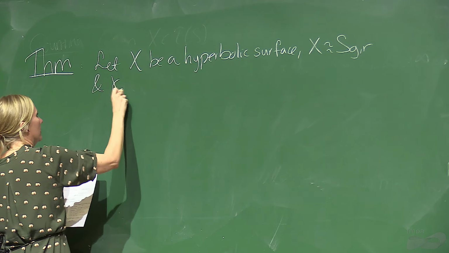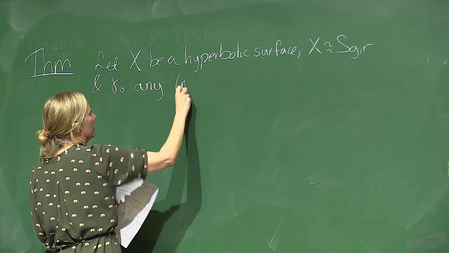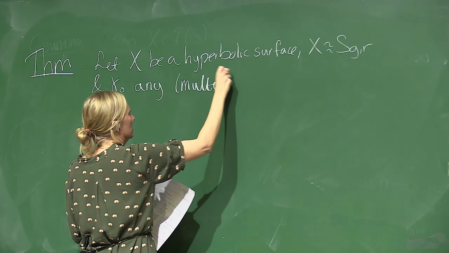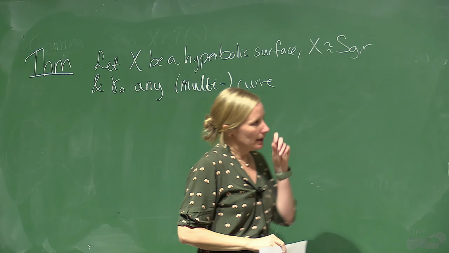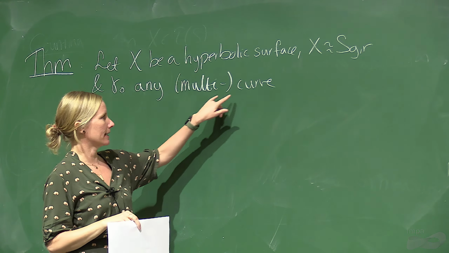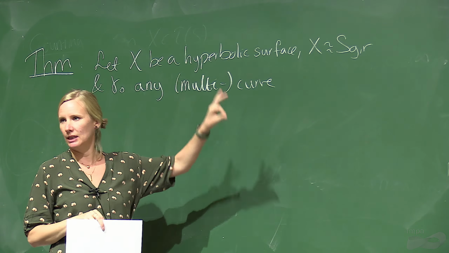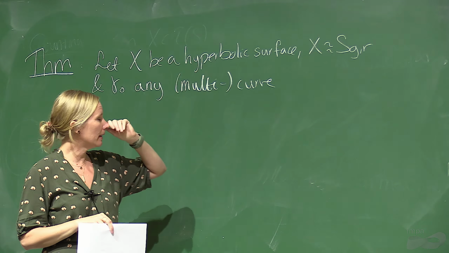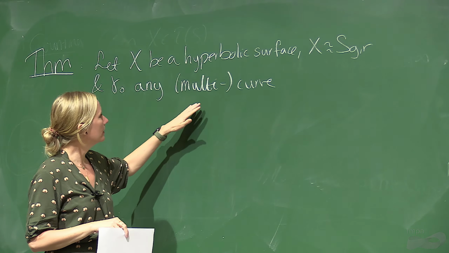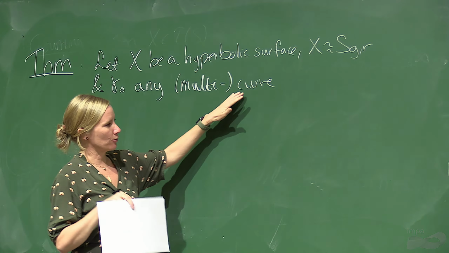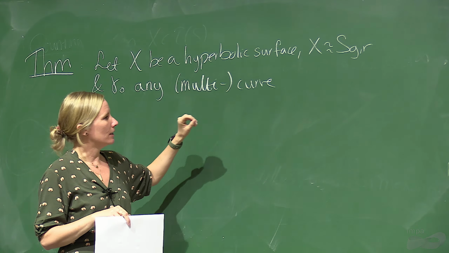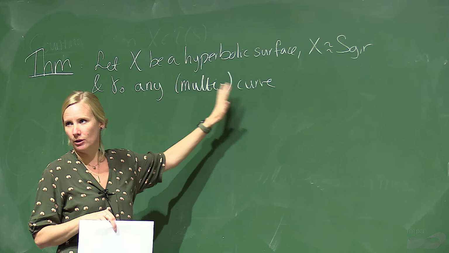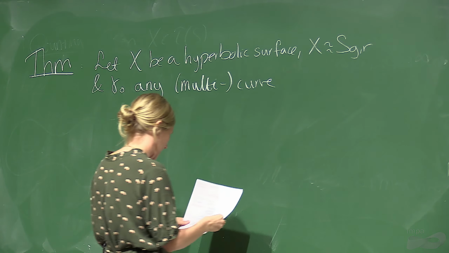And gamma any curve, and she proved this for multi-curves, but it's also true for curves, lying in the same orbit. The action of the mapping class group on geodesics can be generalized to multi-curves. It just acts on each component, and the weights just stay along. A curve is a multi-curve with just one connected component, and everything of its type will also be a curve. So whether you want to count multi-curves or curves, this holds.